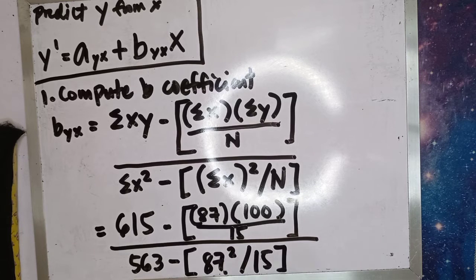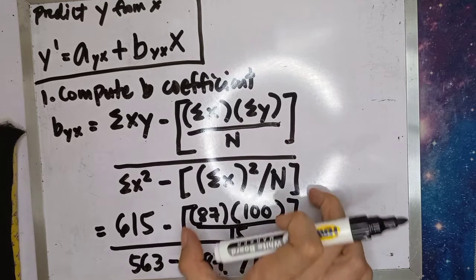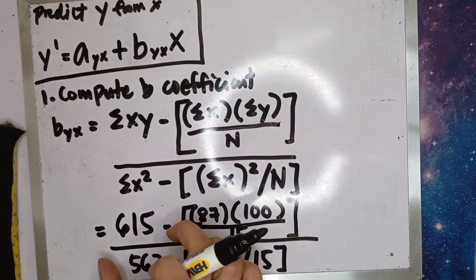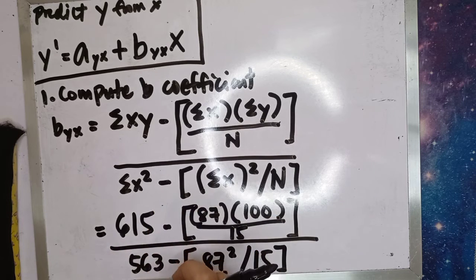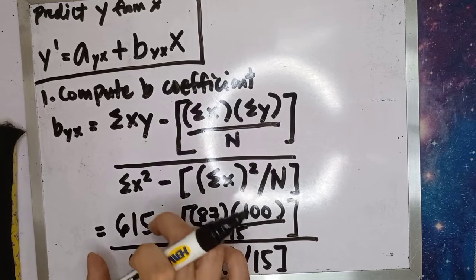So, mukha siyang mahaba-haba, no? So, unahin nyo muna, ito, multiply nyo to, divide nyo sa 15. So, unahin nyo muna yung mga nasa bracket. Tapos, ito, 87 squared, divide nyo sa 15.